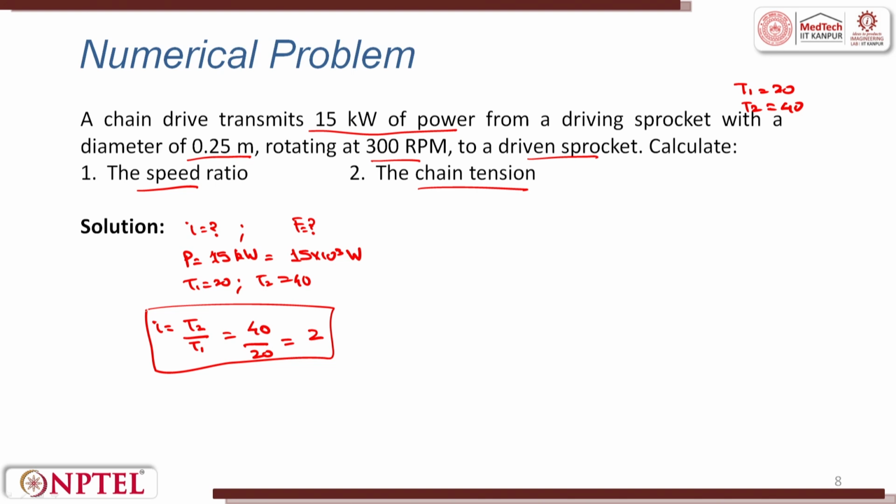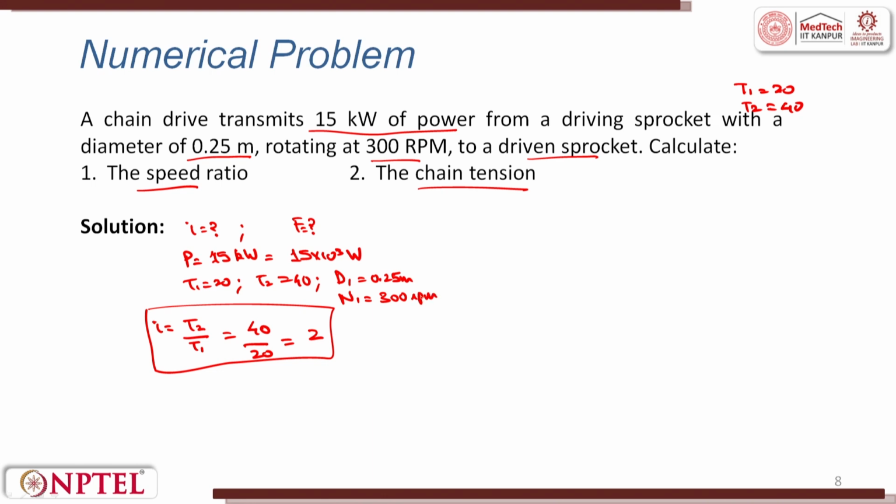Now, since the power is given, the diameter D1 is equal to 0.25 meter, and N1 is equal to 300 RPM.